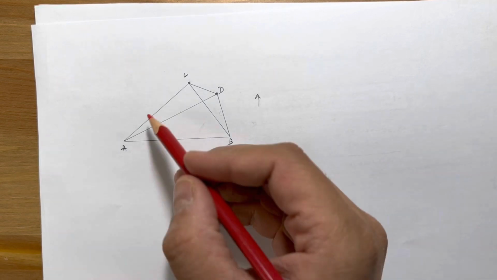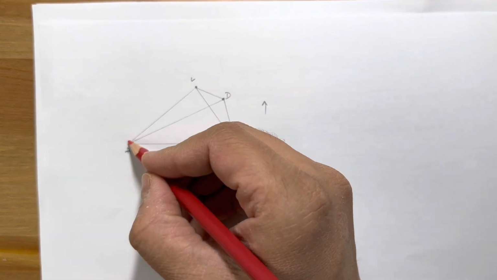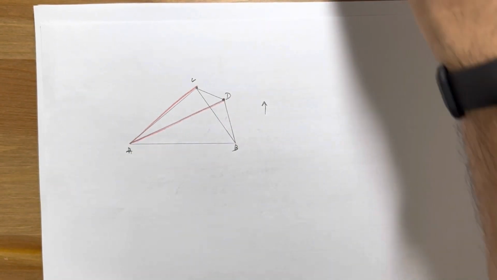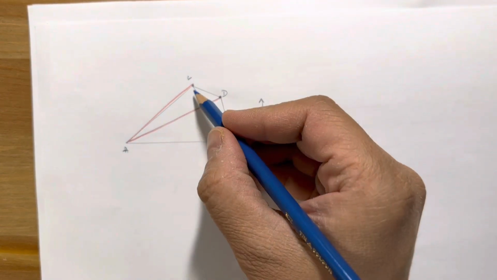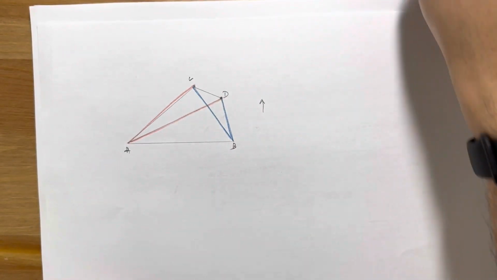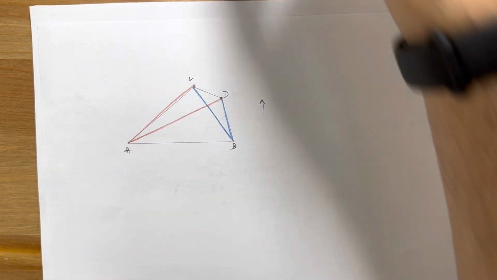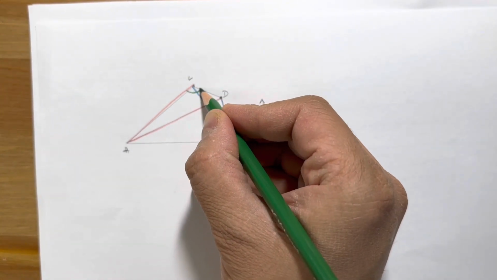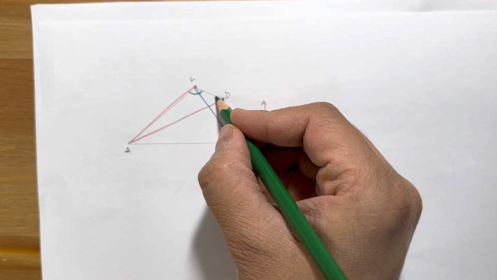So we know AC is equal to AD. We also know BC is equal to BD. So you see, they're two isosceles triangles. So what happens is this angle, this green angle, is equal to this green angle.